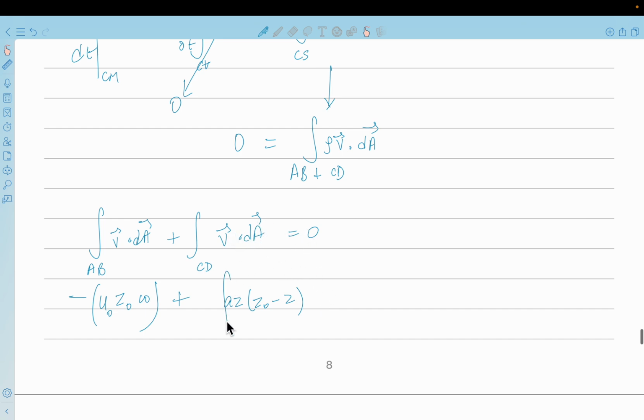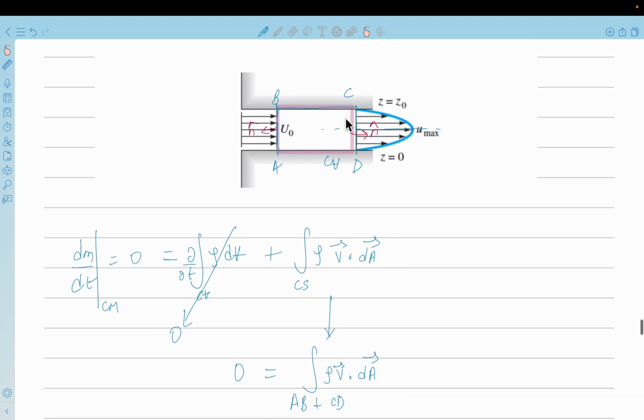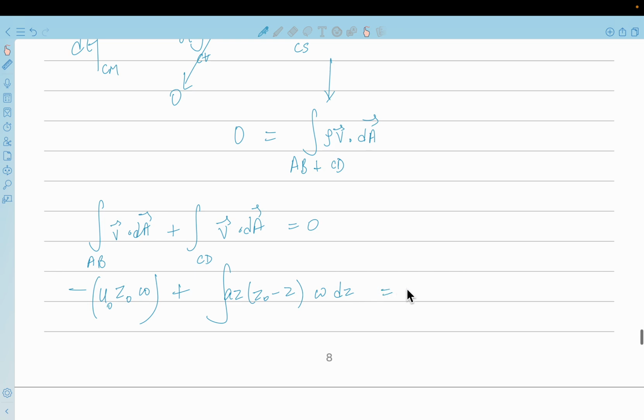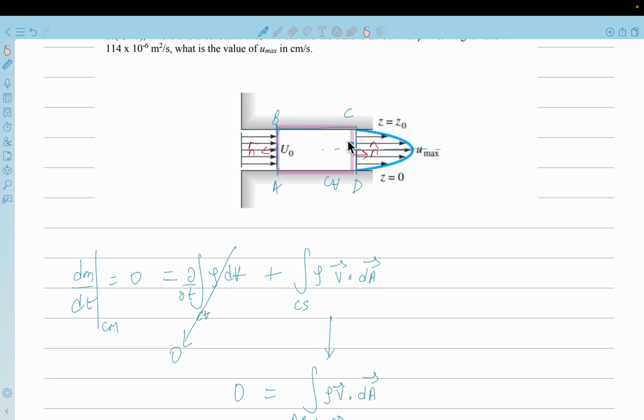What about dA? dA is w into dz. At any location you consider a small elemental area dz and the width into the plane of the paper. This is equal to 0. Let me cancel out the width immediately. The integral has to go from 0 to z naught, so you integrate all along this surface CD.